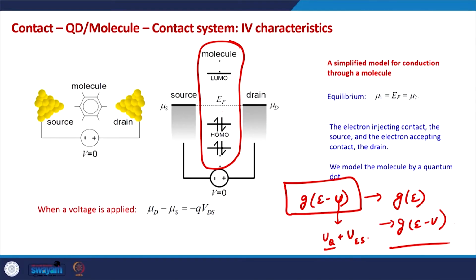If there is a change in the number of electrons in this molecule, it will have two consequences. One is the electrostatic potential of the molecule will change, and second is the contribution because of the quantum capacitance. So both of these need to be taken into account while calculating the IV characteristics or while trying to understand this entire system.